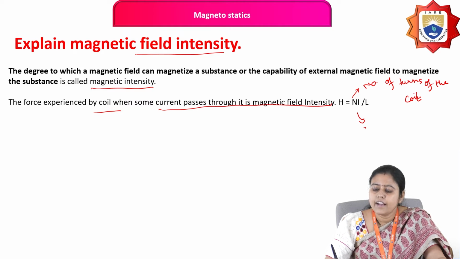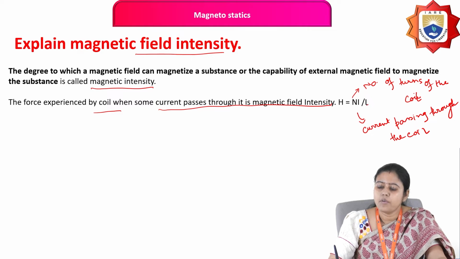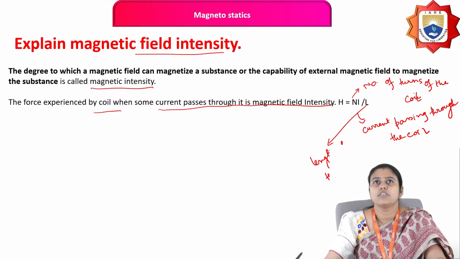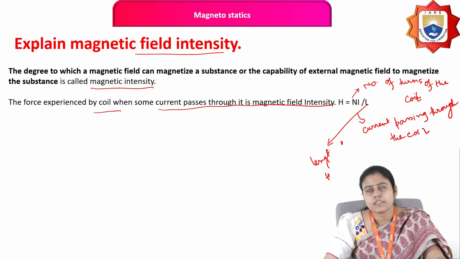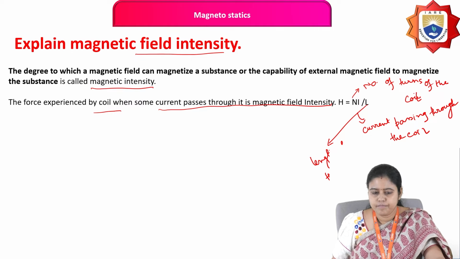I is the current passing through the coil. And what is L? The length of the conductor. So this is the definition of the magnetic field intensity.